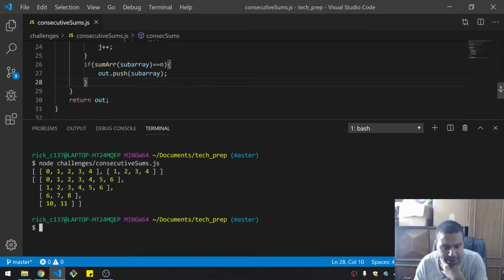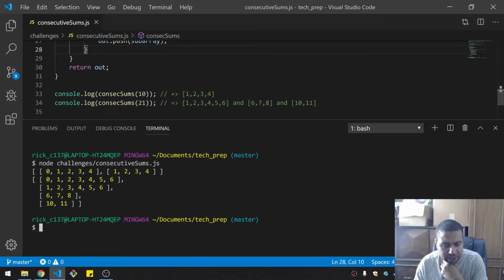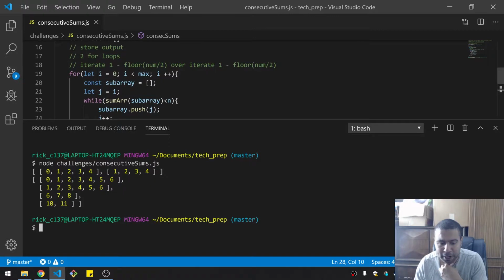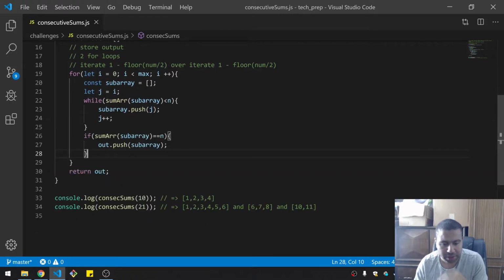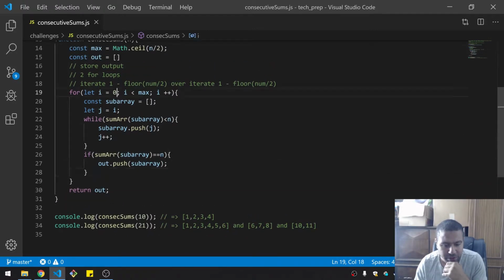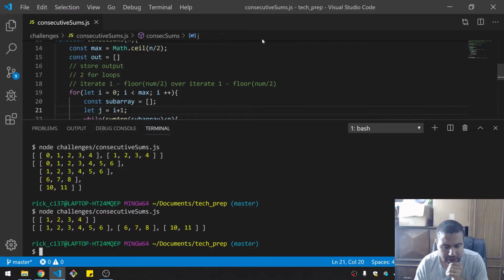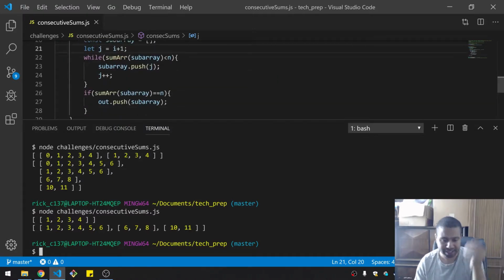So the first one gave me a 0. So 0 is showing up when it should not be. We do see that everything else is working properly. So we need to start off with j equals i plus 1. Right? Okay. So we got it worked. Wow, I'm a little surprised actually.